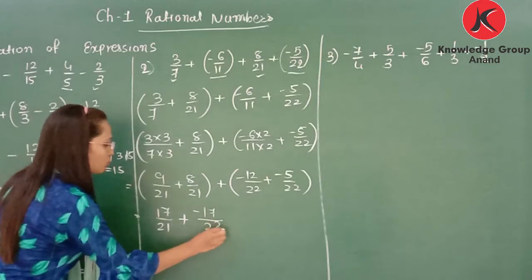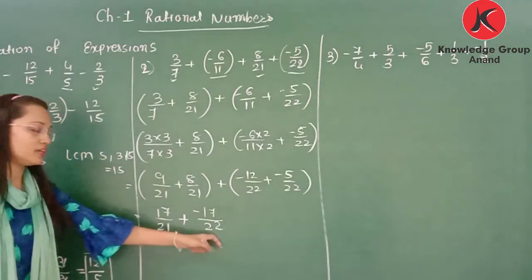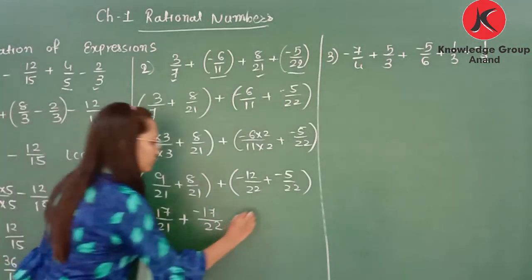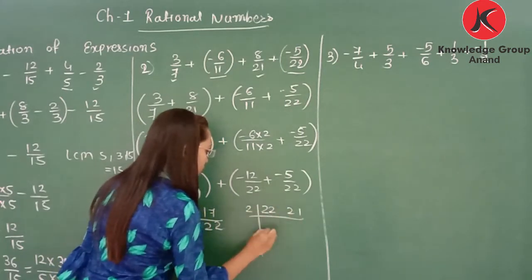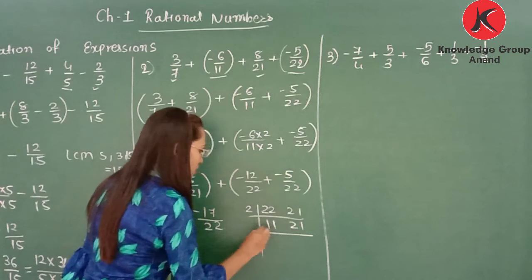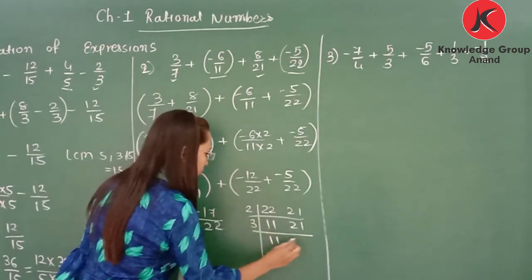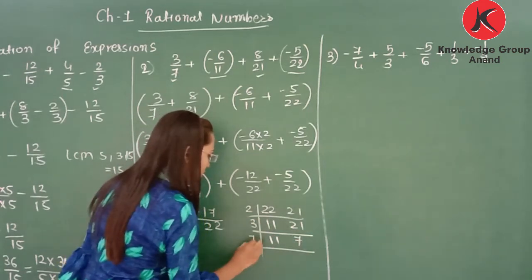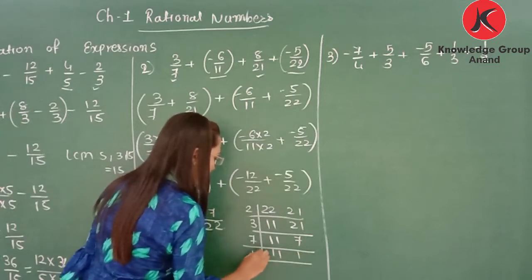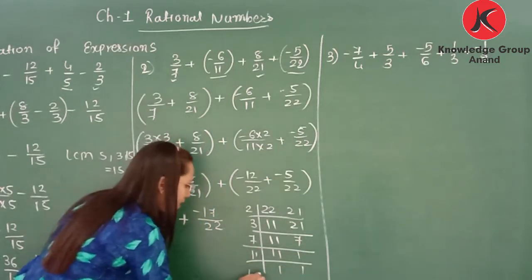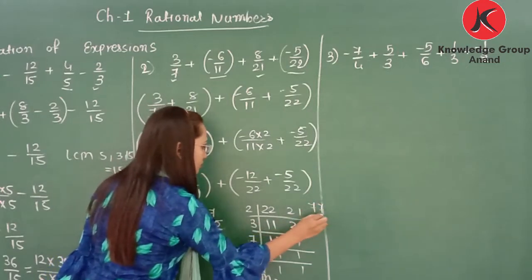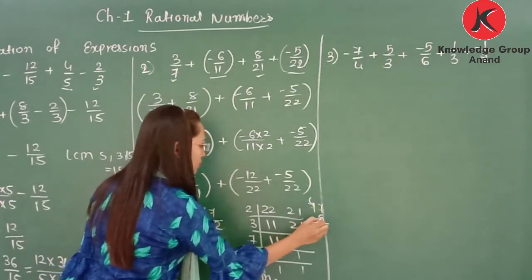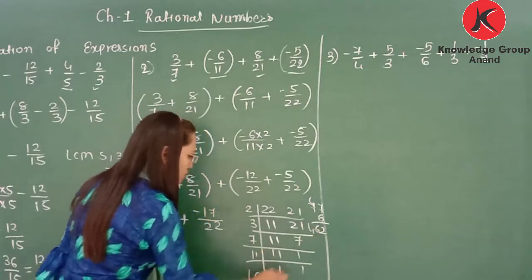Here it is 22. Now take the LCM of 21 and 22. 21 is 3 times 7, and 22 is 2 times 11. So here the LCM is 77 multiplied by 6, so 462.